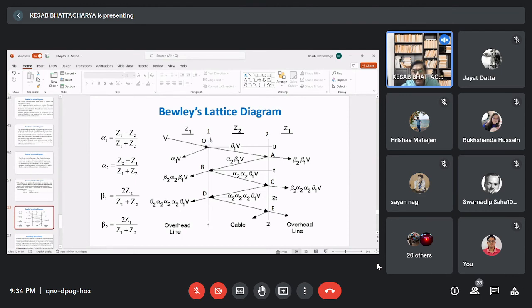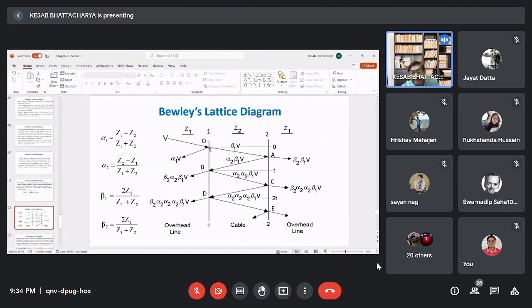When the incident traveling wave reaches node 1 or junction 1, a part will be transmitted forward into the cable, a part will be reflected back. Alpha 1 into V, where alpha 1 is our reflection coefficient, Z1 minus Z2 by Z1 plus Z2, will be the first reflected voltage in line 1.